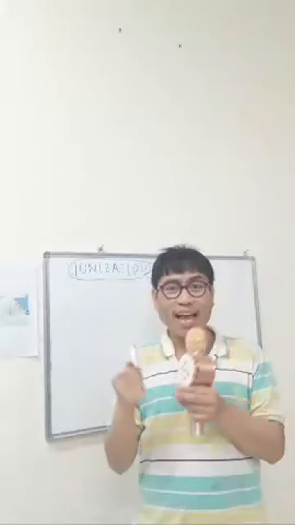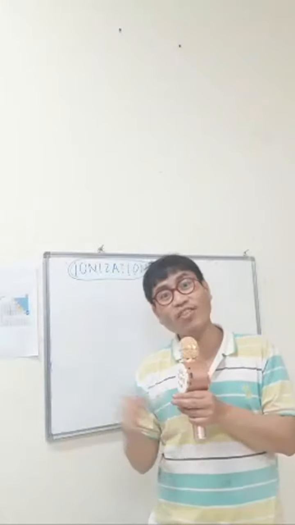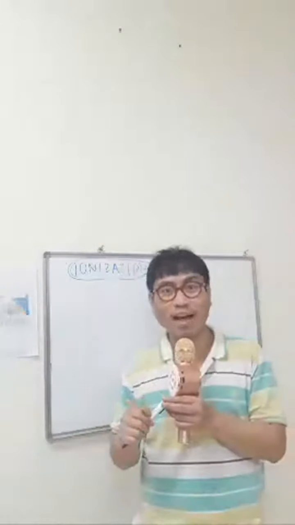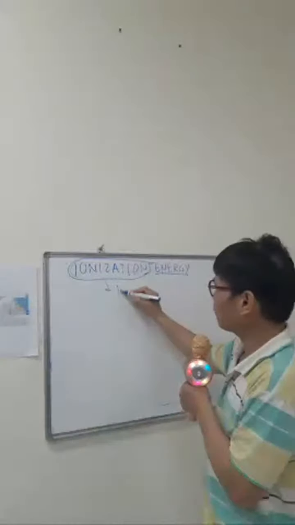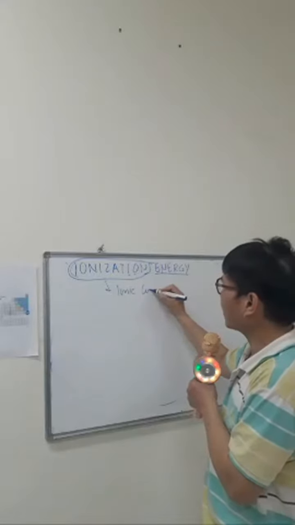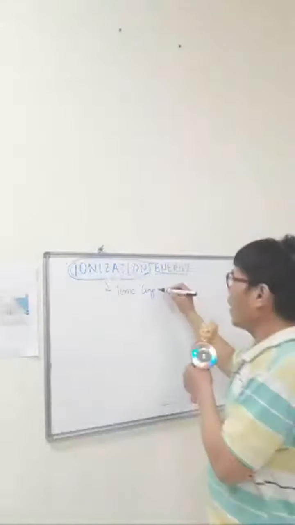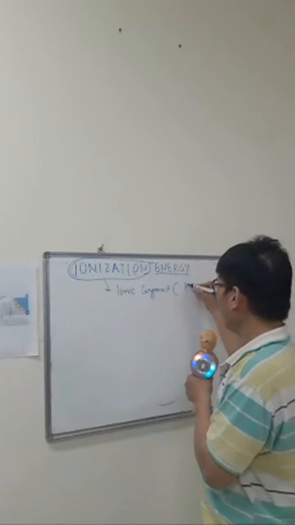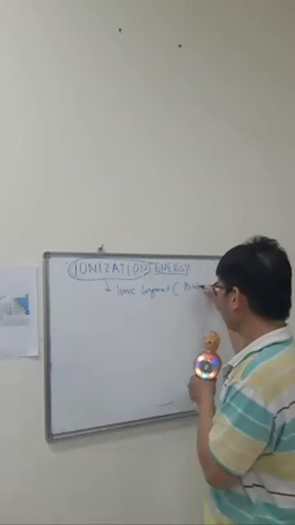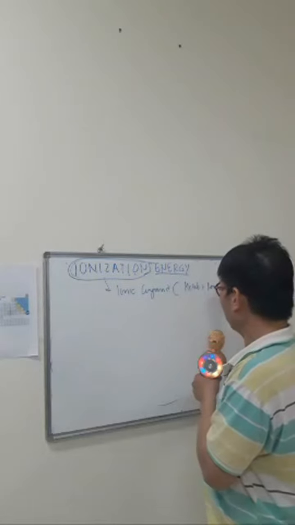What is being put into action are the ionic compounds. Again and again, a trillion times, I will explain this. An ionic compound is a combination of metals plus non-metals, like that.